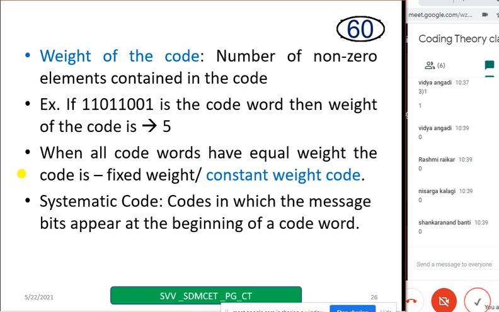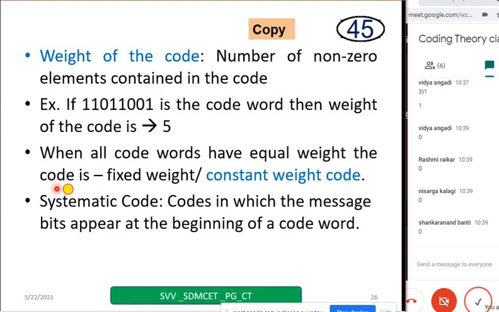Weight of the code is nothing but a number of non-zero elements, and the number of non-zero is nothing but a number of ones. So in this example, I have shown 1, 2, 3, 4, 5 ones are there, therefore the weight is 5. And when all code words are of equal weight, I can say it is a fixed weight or constant weight code.